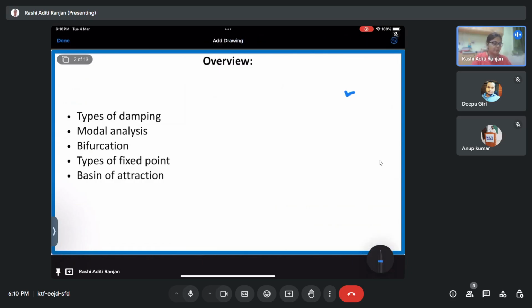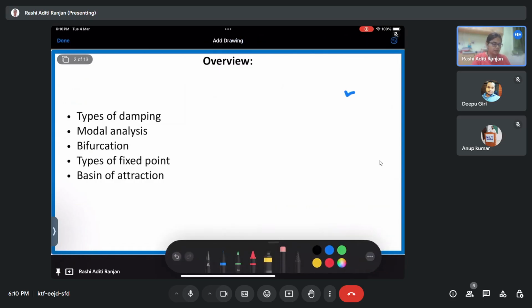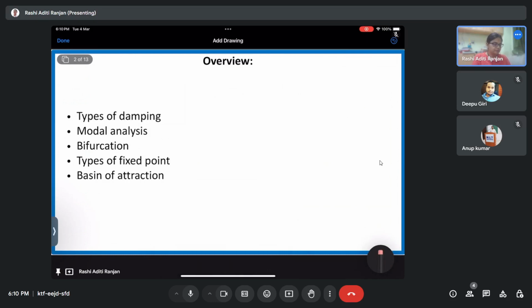What are the types of damping that a system can have? For example, there is viscous damping, there is Coulomb damping, and it was discussed what the equations would be and how the variation of the transient is going to happen in case of different types of damping.